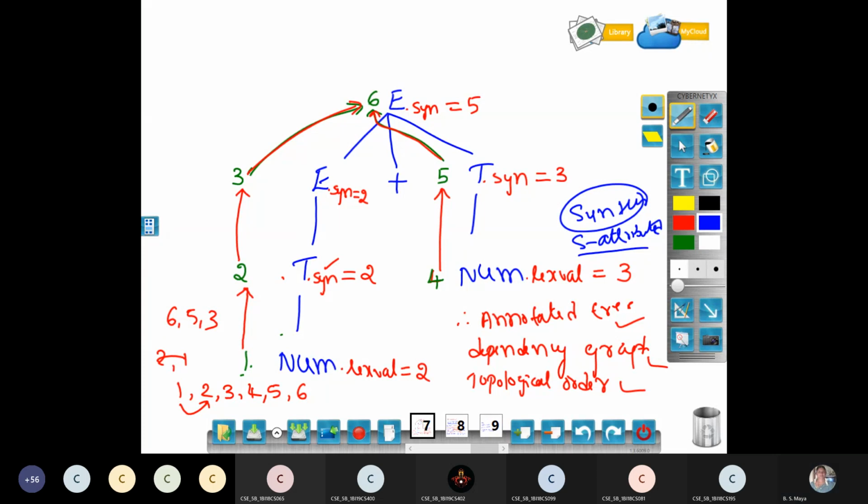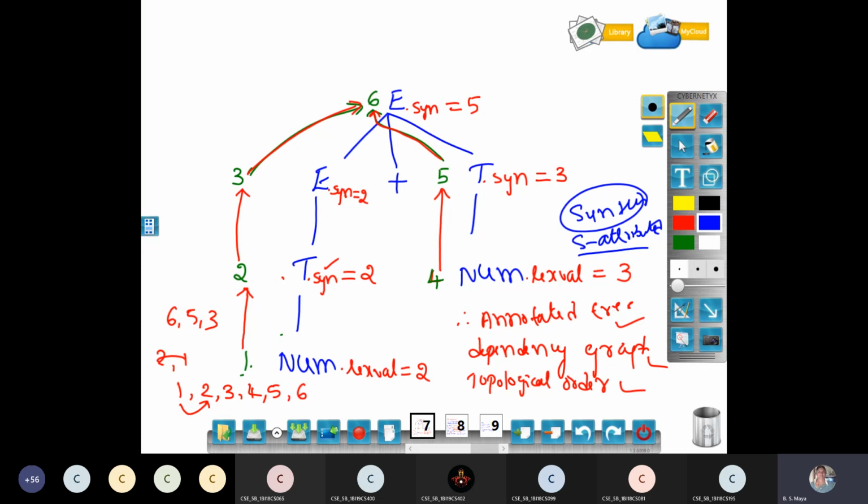Next point is very, very important. An SDD without side effects is sometimes called an attribute grammar.